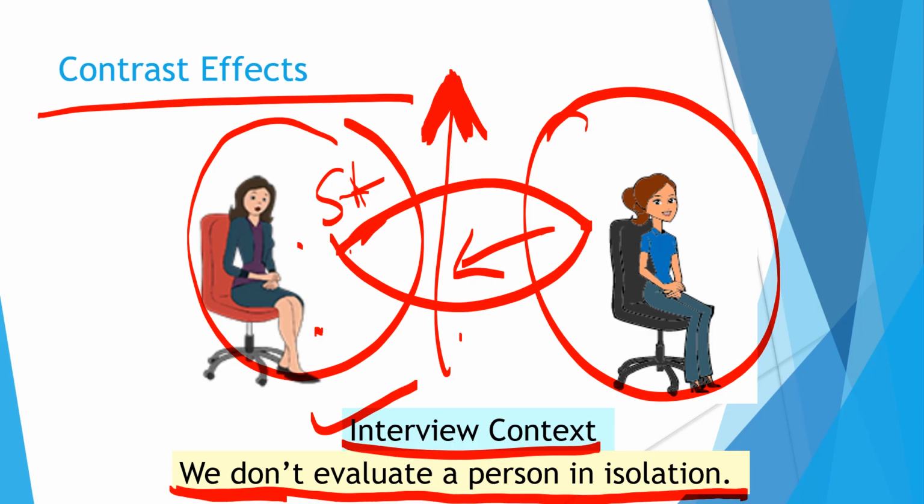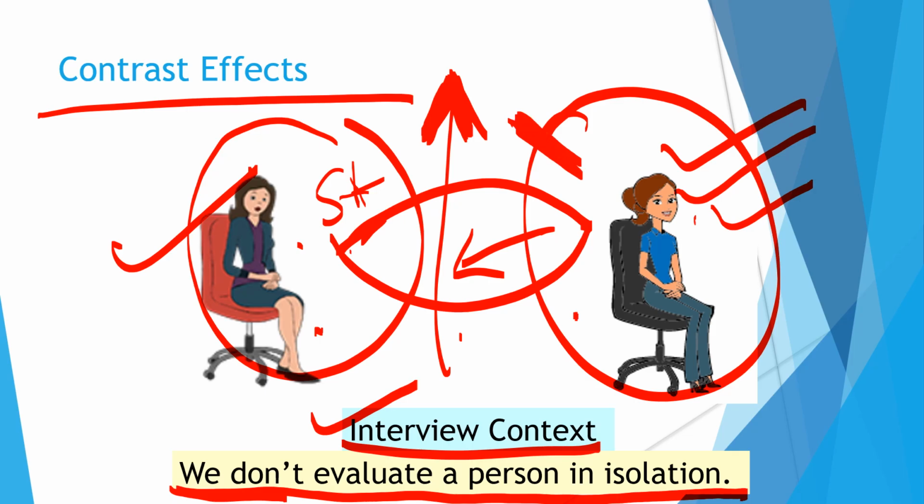The second candidate might be judged more harshly, even if the person is well qualified. The interview panel is unconsciously comparing the two, making the second candidate seem less impressive than the first one. So who is going to get selected? The first one, because the second candidate is judged more harshly, because the first person was exceptionally good. But that does not change the reality that the second person was also a very good candidate.